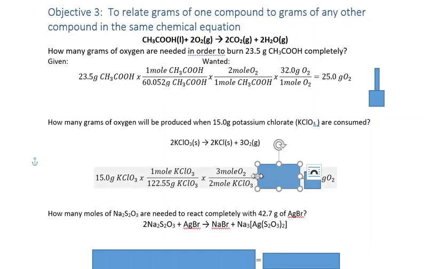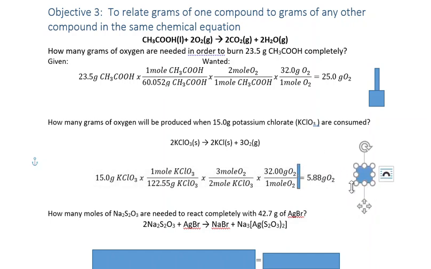And to do that, I simply take the molecular mass of oxygen. So for every 1 mole of oxygen, there are 32.00 grams. And if I now multiply 15 by 3 by 32 divided by 122.55 divided by 2, then I end up with 5.88 grams of oxygen.